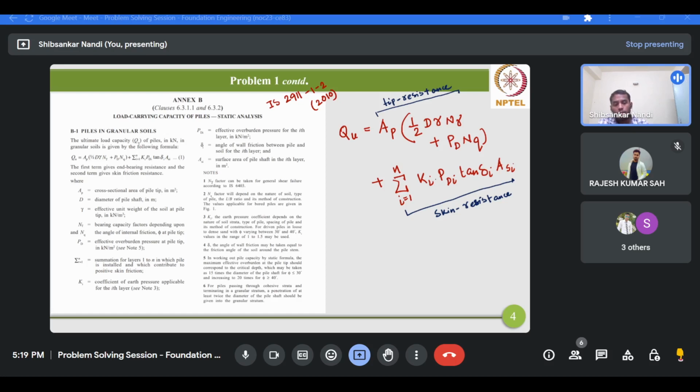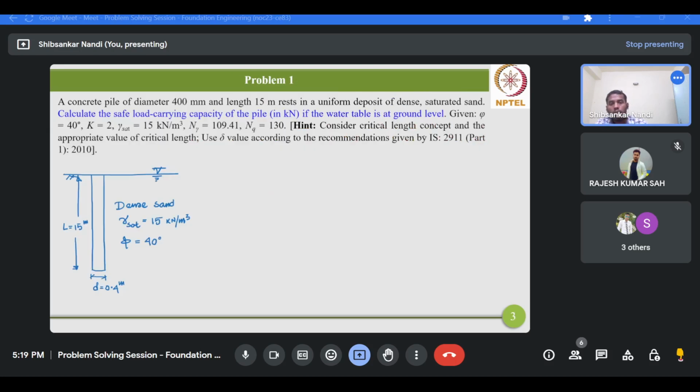Okay, first we'll summarize the data given in this problem. D, capital D, is 0.4 meter. Then for gamma, we will use gamma submerged because the entire soil mass is under submerged condition.